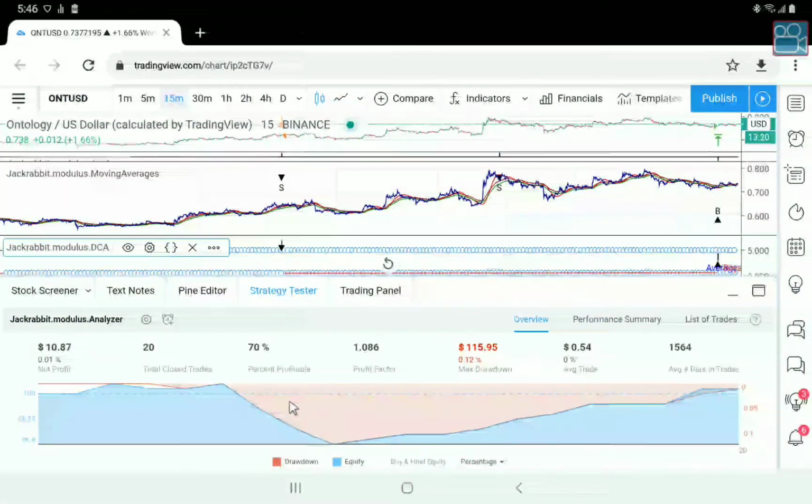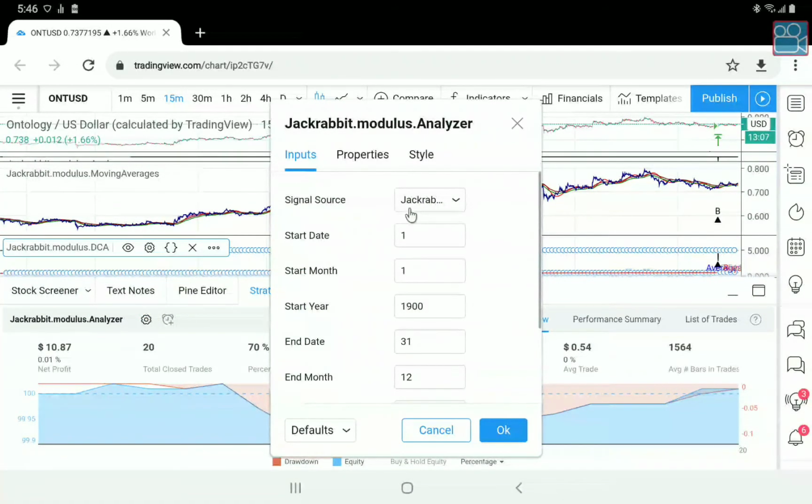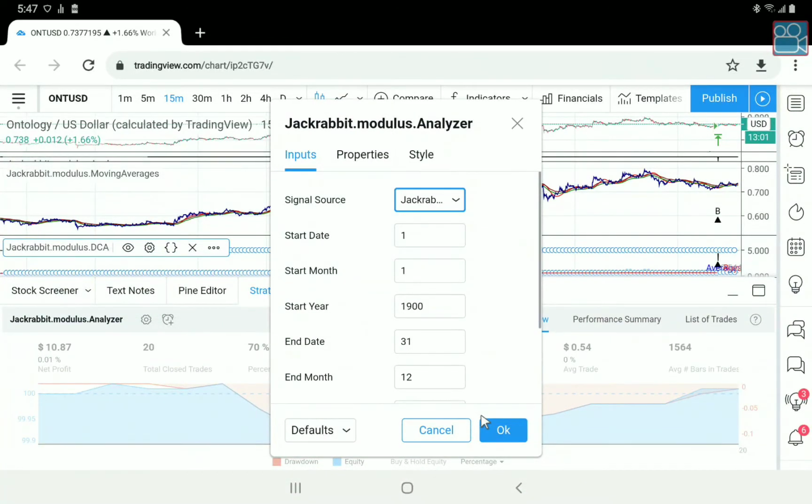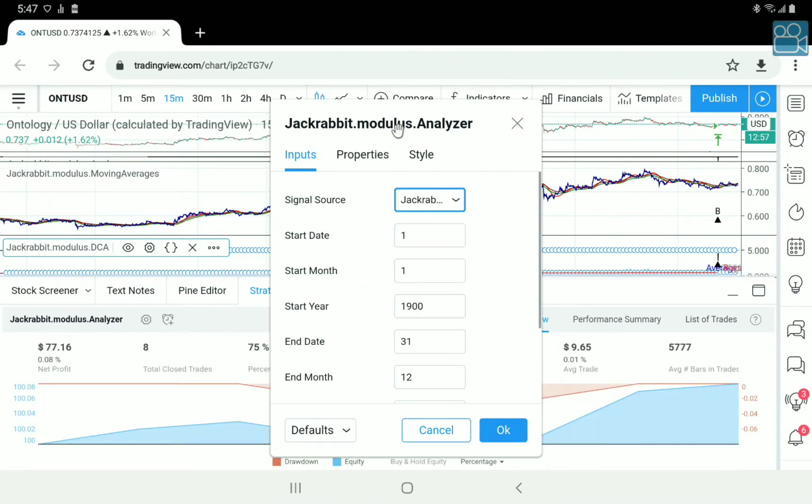Alright, we see here it doesn't do so well. It actually does very poorly. So now if we add dollar cost averaging in, we're going to get a different set of numbers.